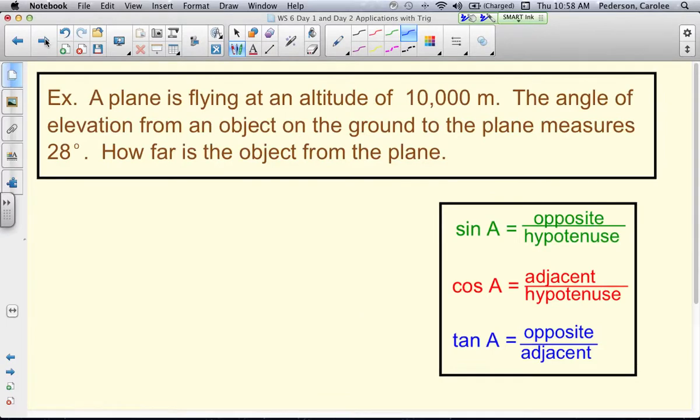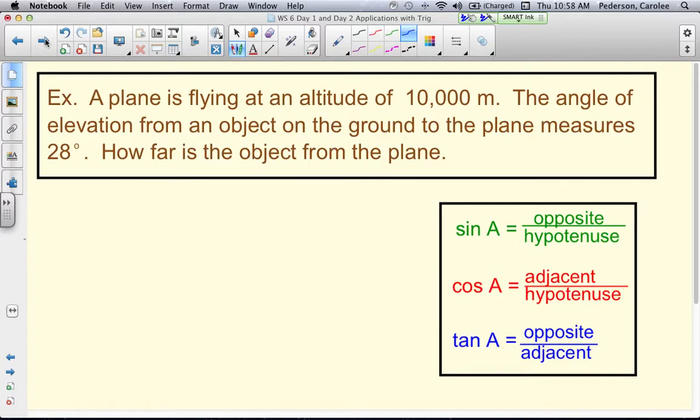Here's the next example. A plane is flying at an altitude of 10,000 meters. The angle of elevation from the object to the ground to the plane measures 28 degrees. How far is the object from the plane? So we want to go ahead and create a picture again, and it's going to be a right triangle.